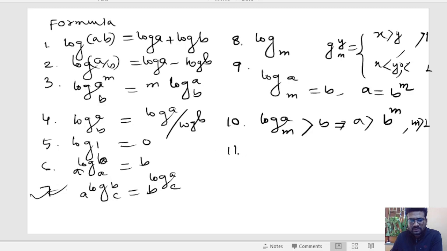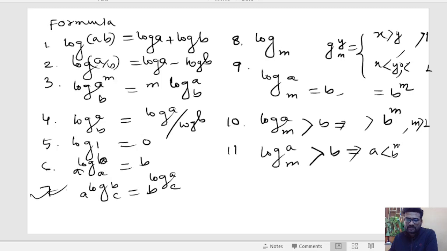And 11, log a base b greater than m, we can get the result a less than b to the power m when 0 is less than b less than 1. Those are some important formulas for your JEE or advanced, and we can solve any other questions with those formulas. Today we solve this type of formula questions.